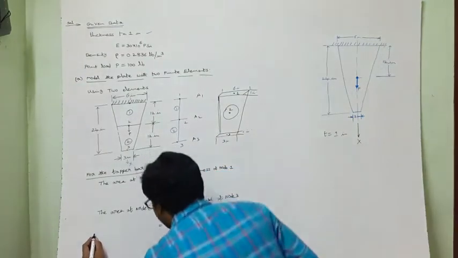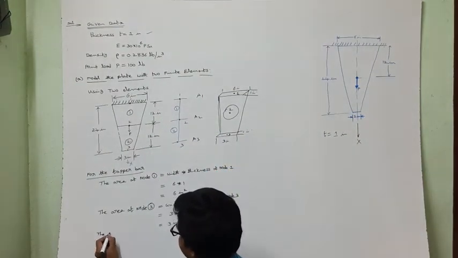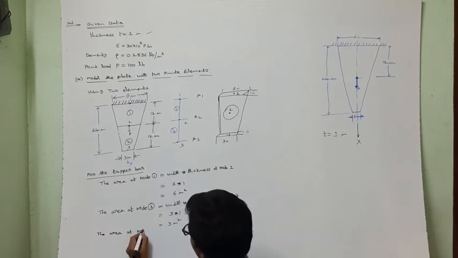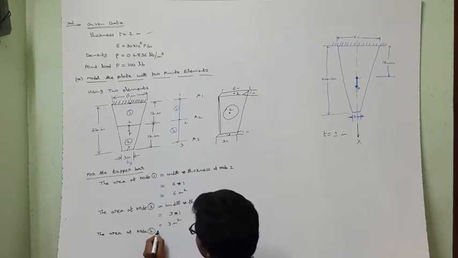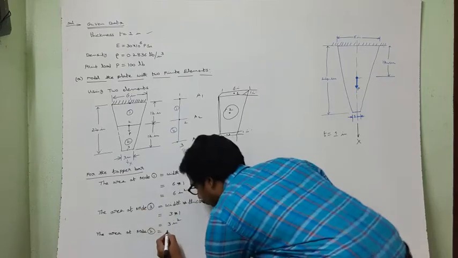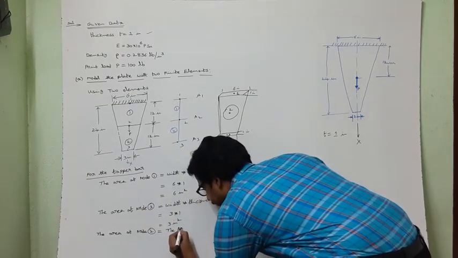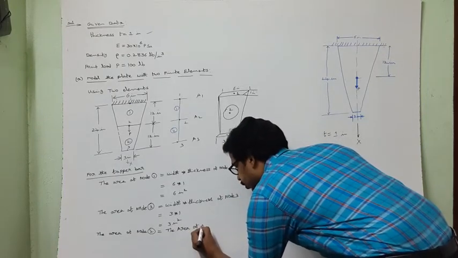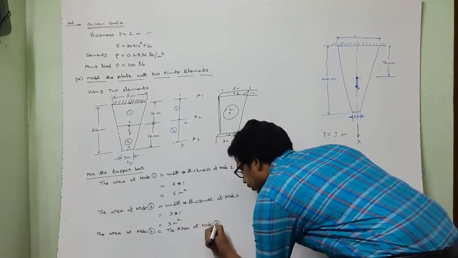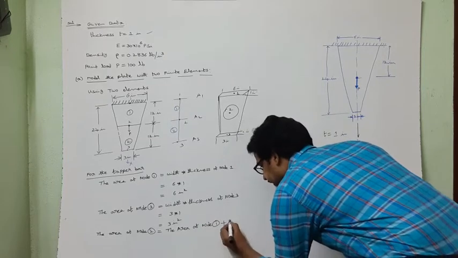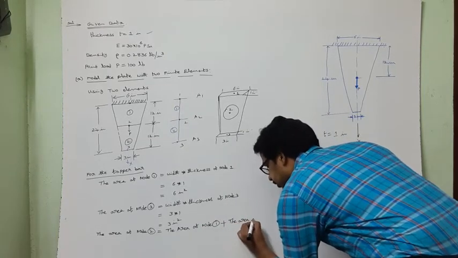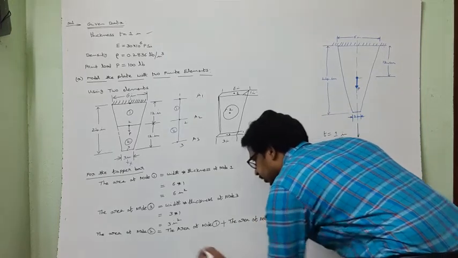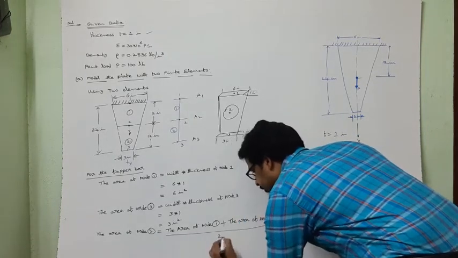The area at node 2 is equal to the average value of node 1 and node 3: the area at node 1 plus the area at node 3, whole divided by 2.